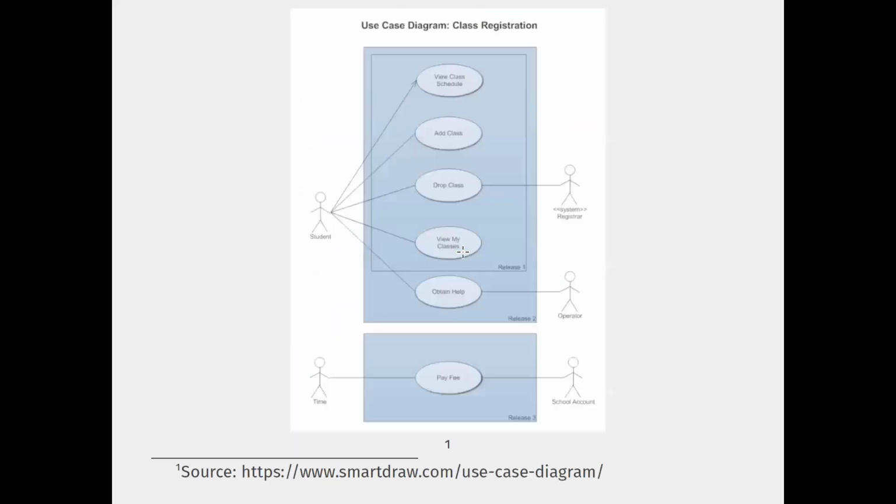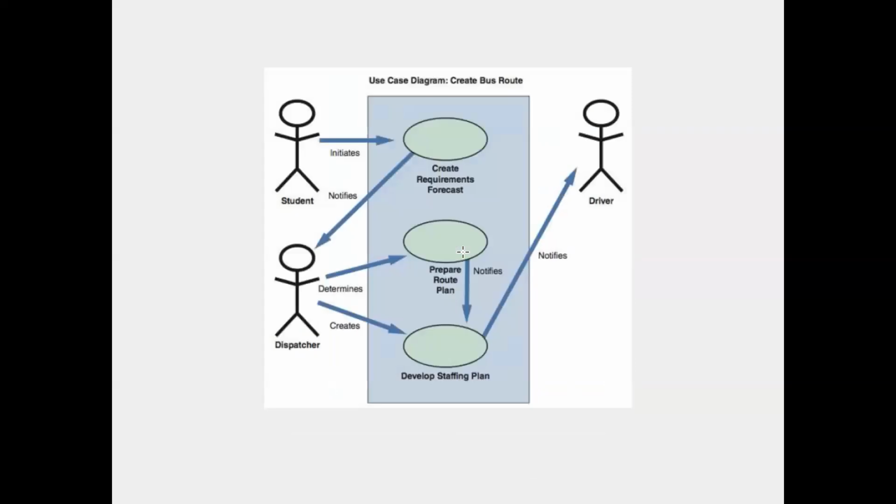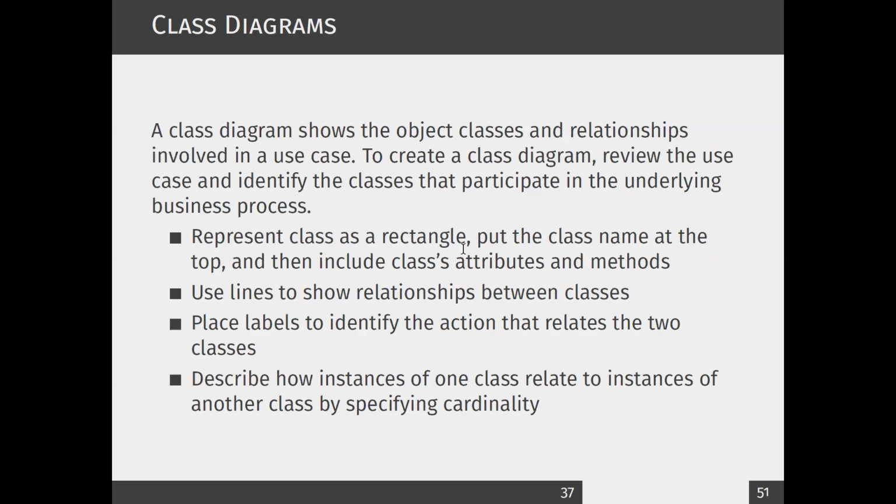Although I have represented some more advanced examples, just to give you some idea of what these use case diagrams are capable of, right? Okay, now that we have talked about the use case diagram, what you do after that is develop what we call a class diagram.